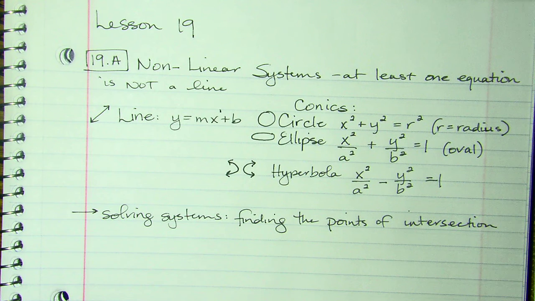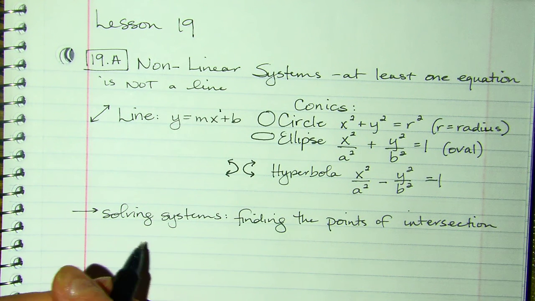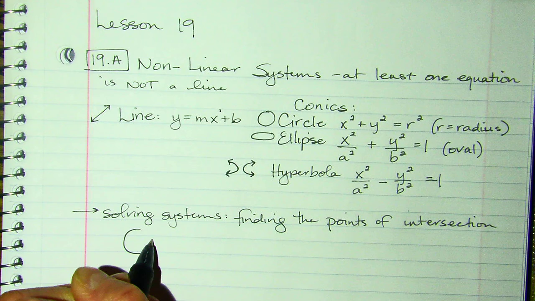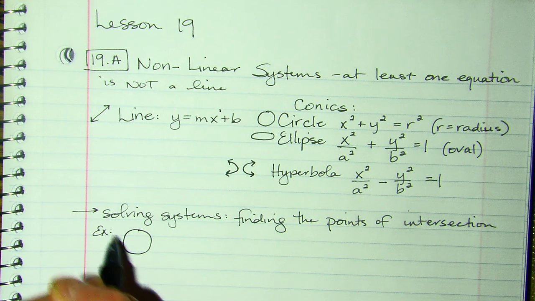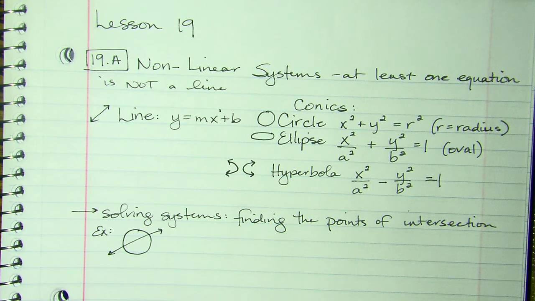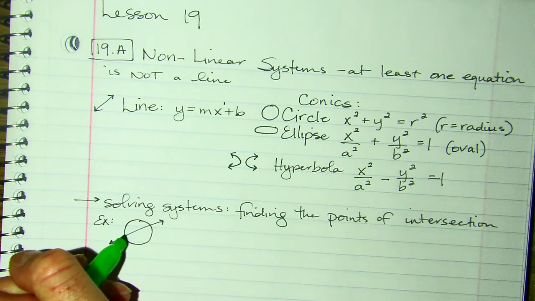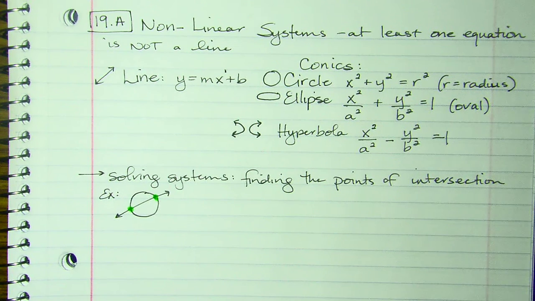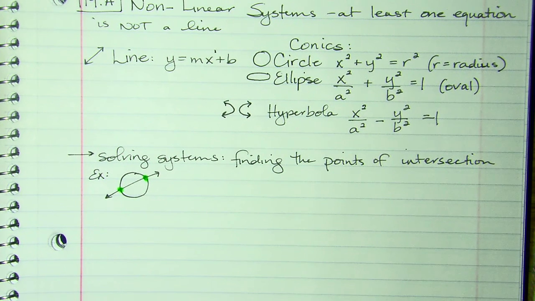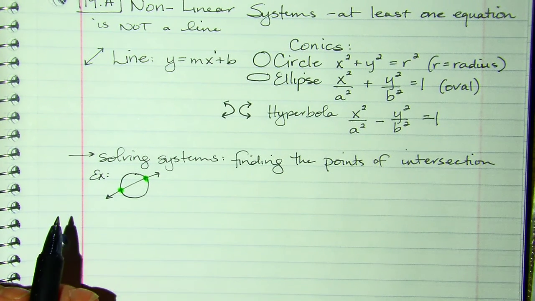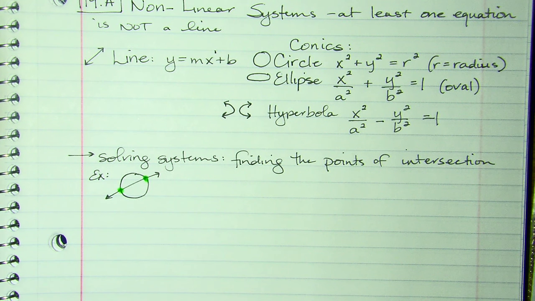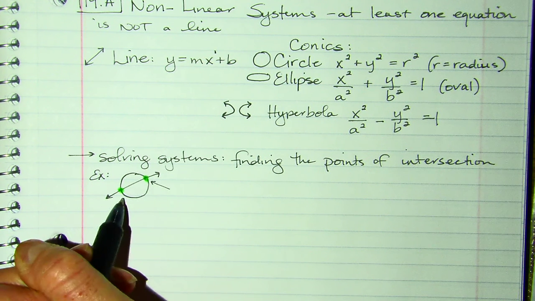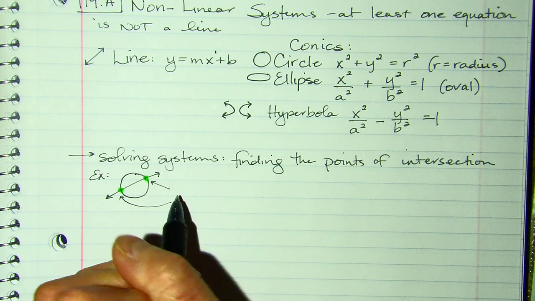For example, if I had a line and a circle, then I'm looking for the place that those two functions intersect. So the coordinates at which they intersect would be my answers. Okay, so we're going to do a couple together. We are not having to graph, so if that alleviates your fears, we're not graphing, we're finding the points of intersection. Okay, so we're looking for where they intersect.